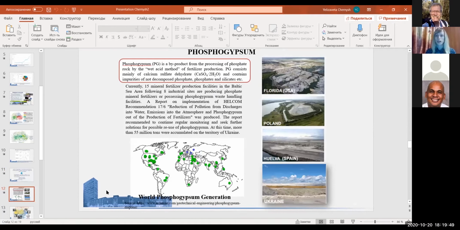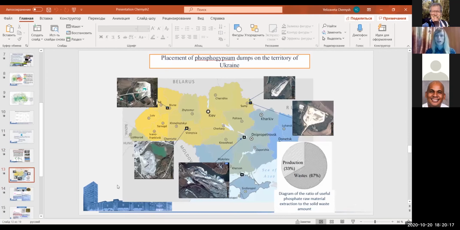It's a byproduct of the production of phosphate rock by the wet acid method of fertilizer production, and now most of all, 55 million tons are accumulated in Ukraine, but not only in Ukraine. It's a global phosphogypsum generation map you can see on the slide, and different countries have their storage dumps of phosphogypsum, and in Ukraine we also have several dumps.